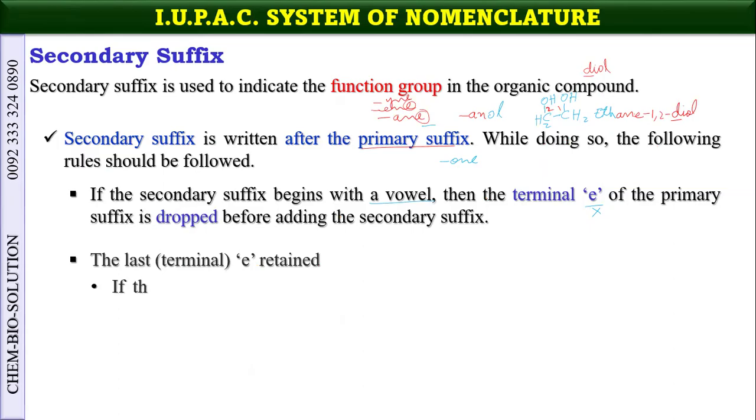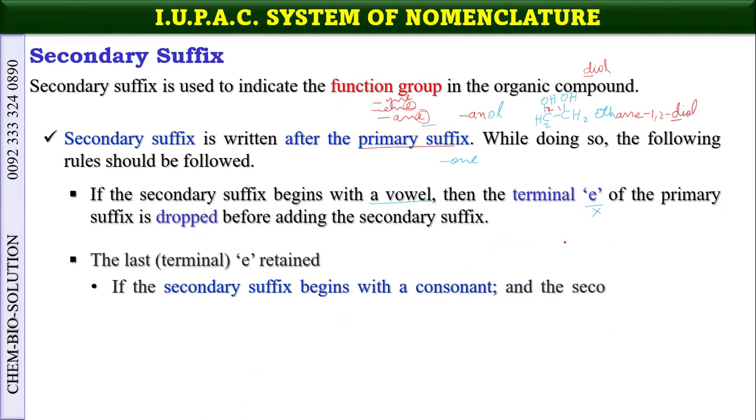So see, if the secondary suffix begins with a consonant, the secondary suffix is added after E. Another example, see, if this is CH3, CH2, CN. This is carbon number 1, 2, 3. So what is this? This is propanenitrile.